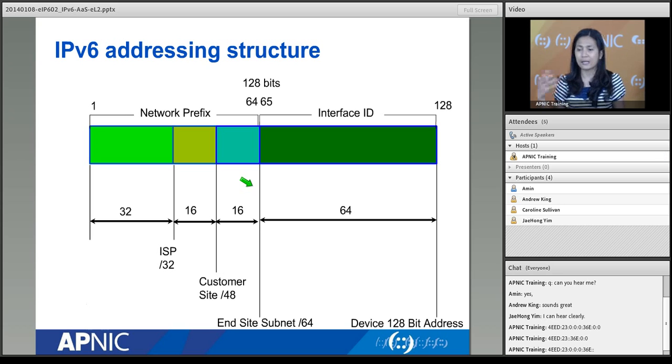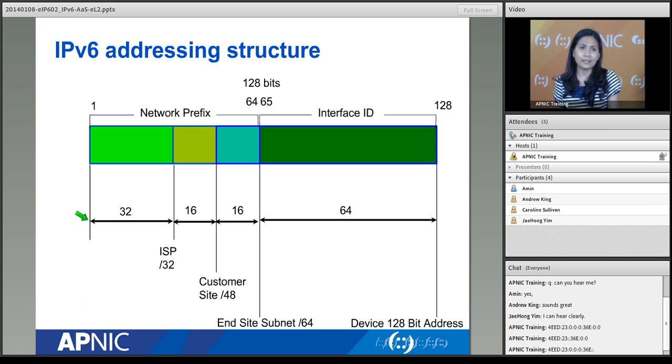Could be an academic network, a government office, or even an enterprise, a multinational company. Those are your end sites, your final customers. They are the ones that are actually using the IP addresses. So how do we go about this? So we have this whole prefix here.